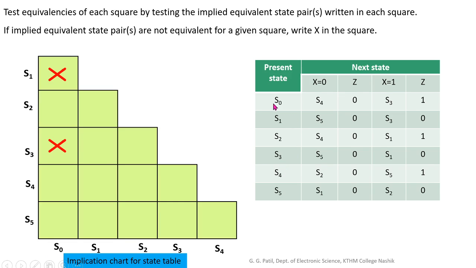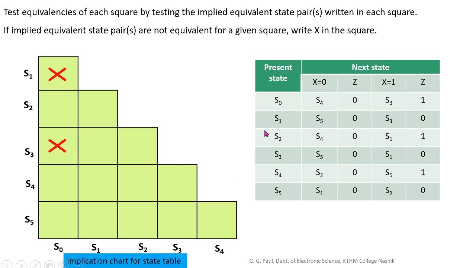Next check S0 S3. See the output 0 0, here it is 1 0, so a cross mark is placed in S0 S3. Then check S0 S4, the next square. Here the output is 0 0 and 1 1, so these two states may be equivalent, so we'll leave it blank.